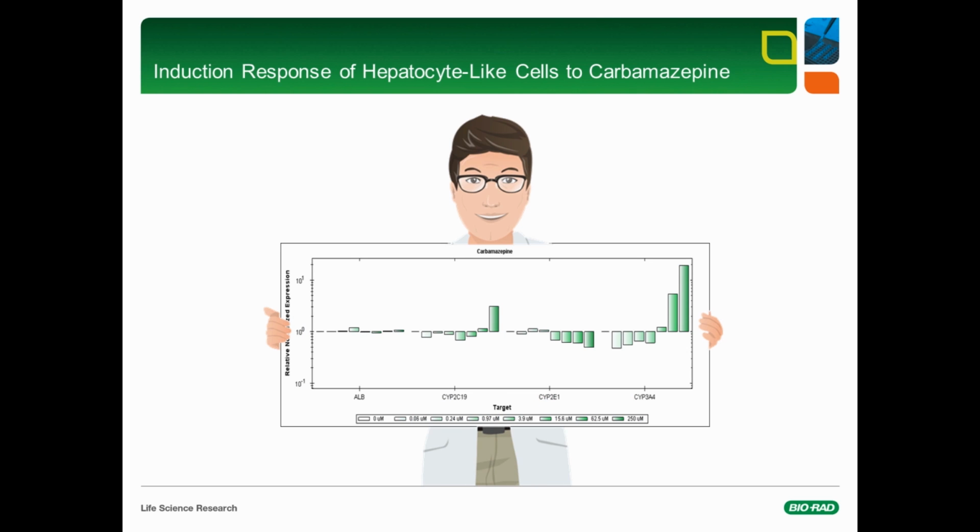Cells treated with the same concentration range of carbamazepine show relatively little change in expression until higher concentrations are reached. At 250 micromolar, the expression results agree with those observed in the screening experiment.